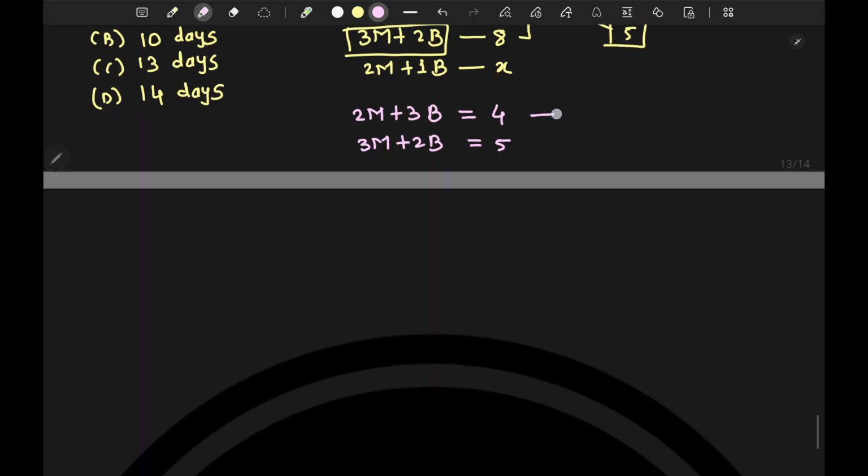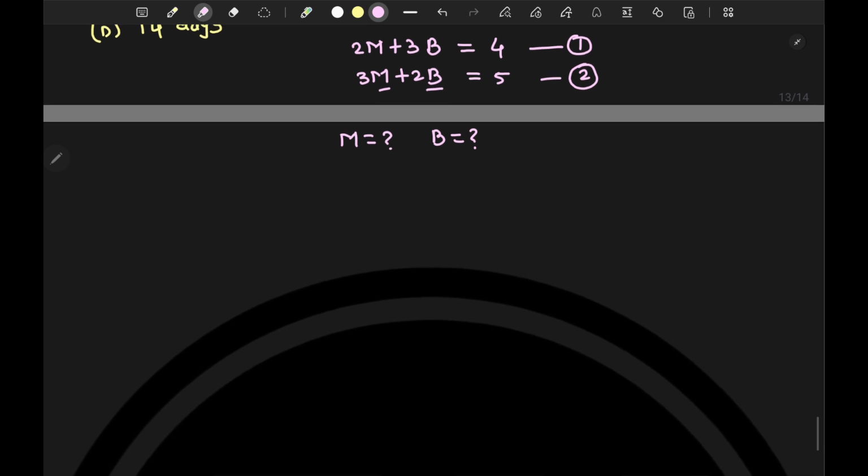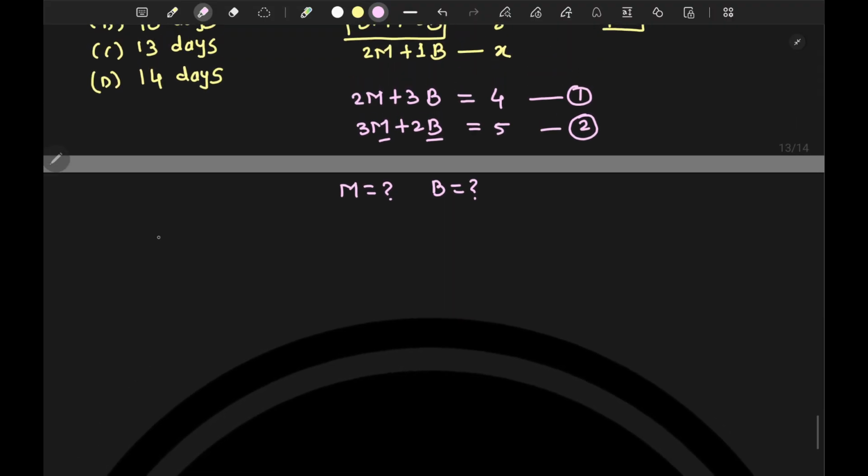So now we have this equation, let's say equation number 1 and equation number 2. We have to just find out what M equals and what B equals. So here we already have two equations and two unknowns, M and B. So it is just solving an equation. So let's try to solve the equation. How to solve? Let's multiply equation number 1 by 3 and equation number 2 by 2.